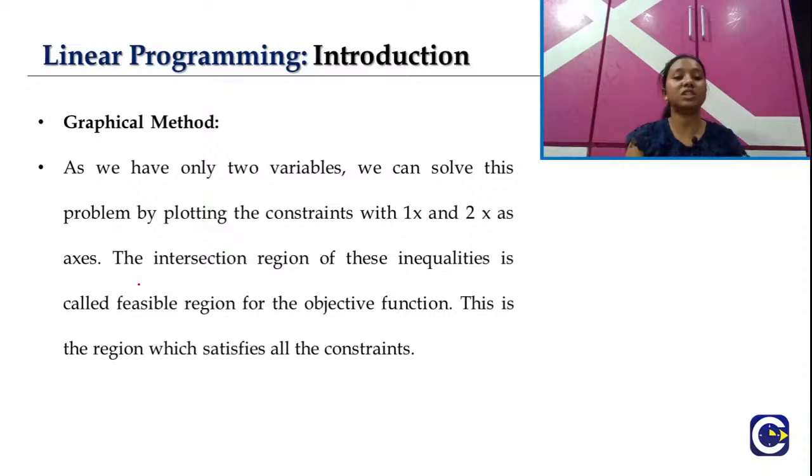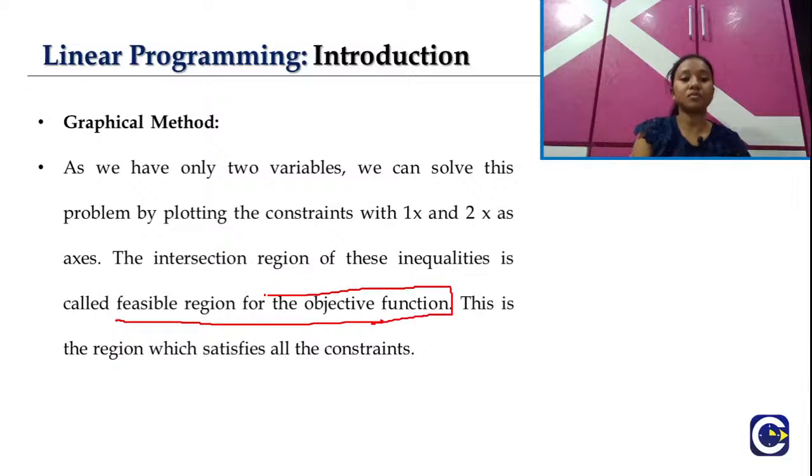Then we'll be having the intersection region of all these inequalities, all these constraints which we have here. That intersection region is nothing but called the feasible region for the objective function.